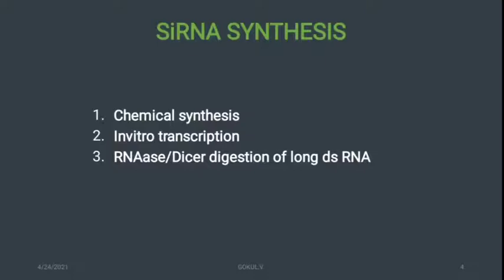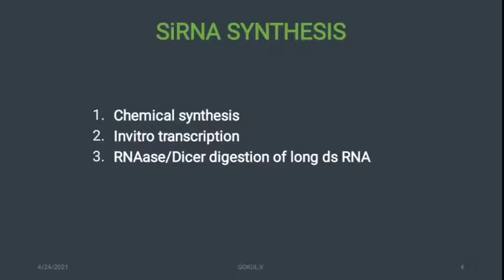It is not suitable for screening of siRNA sequences and long-term studies. It is not suitable for screening methods, but suitable for large amounts of defined siRNA sequence produced. This is the chemical synthesis.